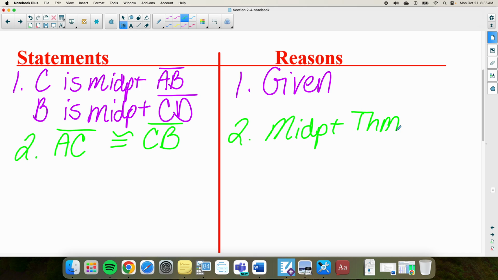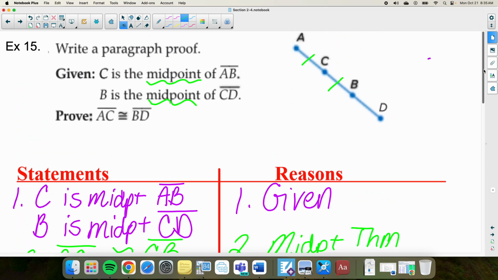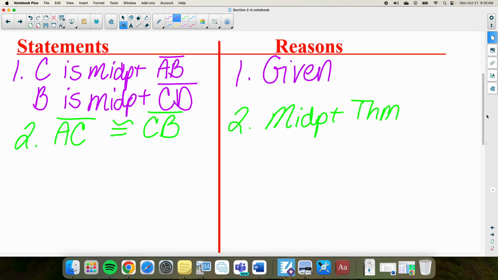Okay? I also know that B is the midpoint of CD. So if I go back up there, B is the midpoint of CD. That tells me that this piece is congruent to that piece. So I could say CB is congruent to BD, and I'd have the segment bars on there.